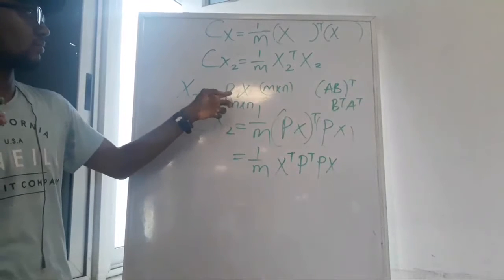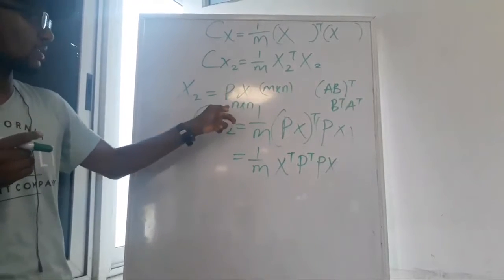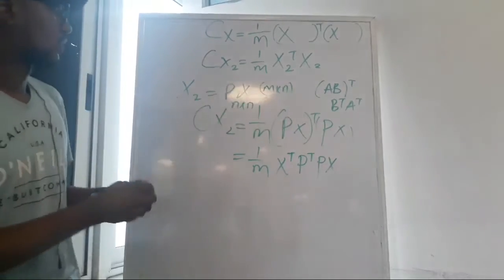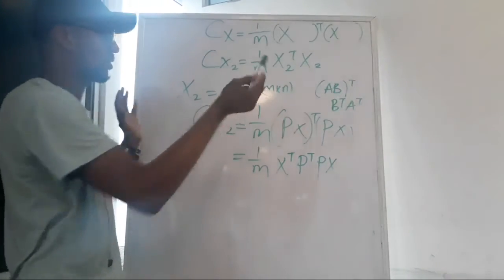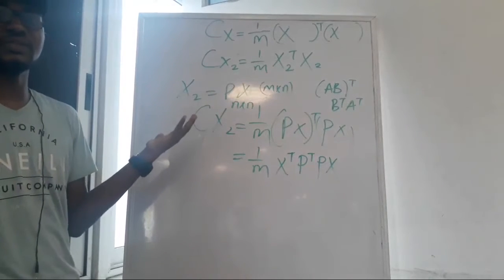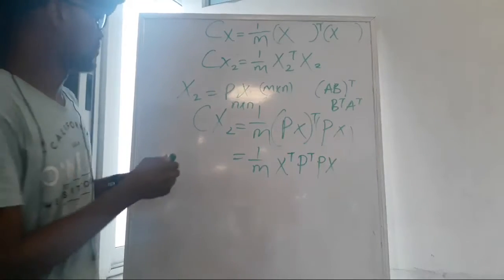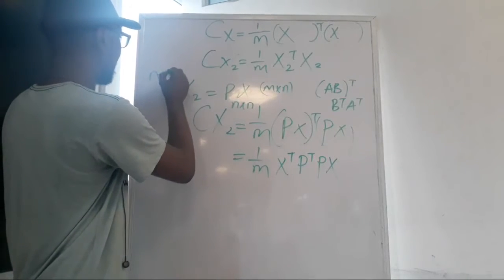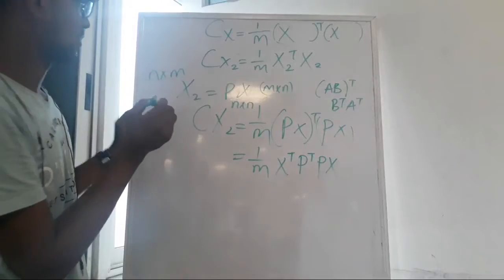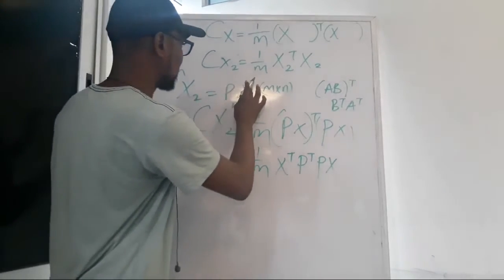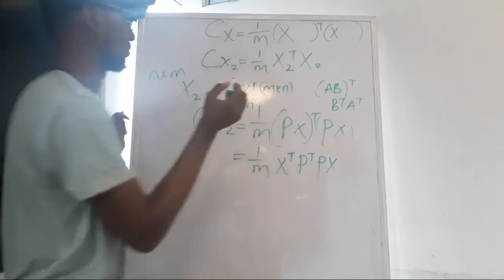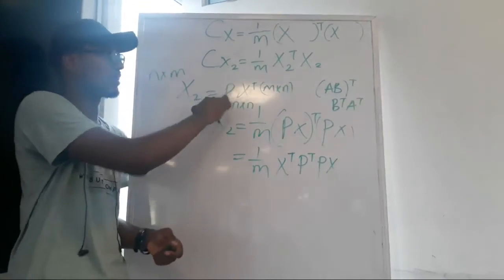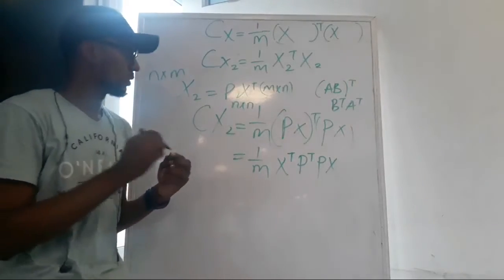Then finding the covariance matrix, we get n by n, right? Because we're going to do this, this is not going to work. It won't work. So meaning that x2 should be n by m, and my x2 is actually p x transpose.